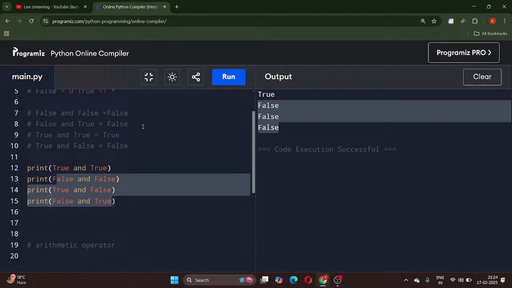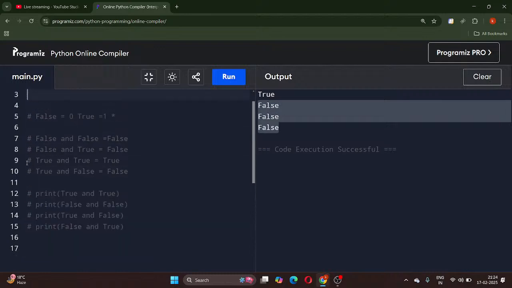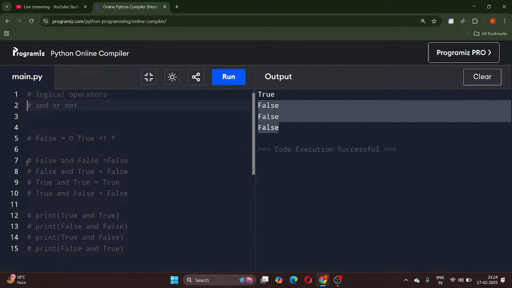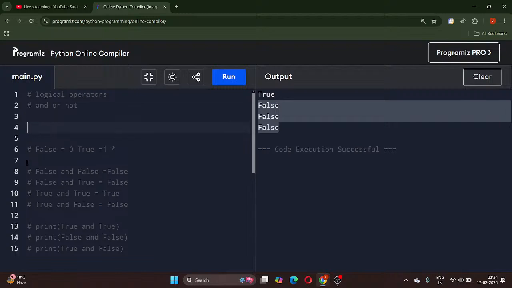All right. So this is about the AND operator, and afterwards we have another operator as well, which is the OR operator, again a logical operator. So how does this OR operator work? Obviously it also has four possible combinations. Let us see the direct result. Basically you have two options for the operands.